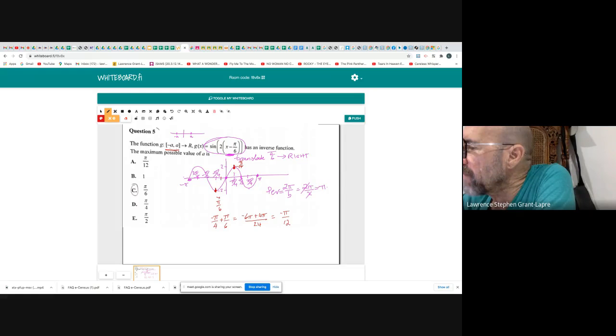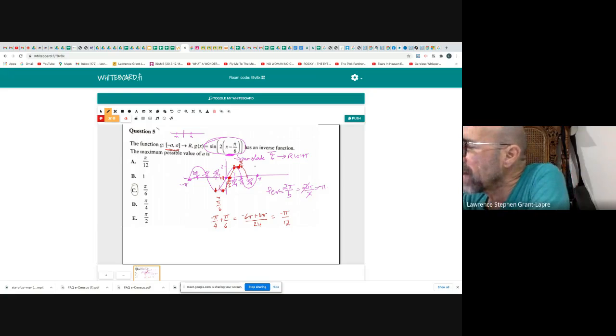So that would move over to here. And this would also move over pi over 6. This would move over to pi over 6. That would be pi over 6. And we get this function here.